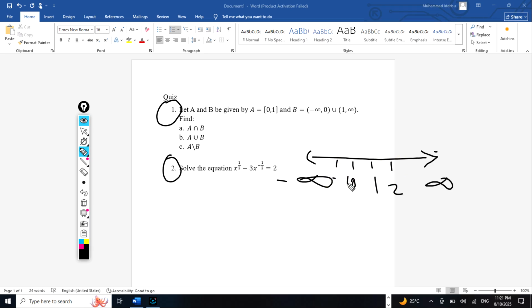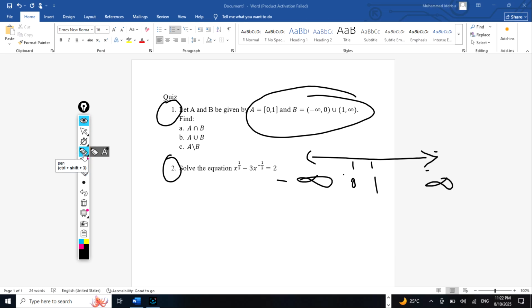There are numerous elements between them, so I have limited myself to just the numbers that appear in the question. So it goes all the way to infinity, and this one goes all the way to negative infinity. Okay, that's what I just wanted to show. And if this is understood, we continue.